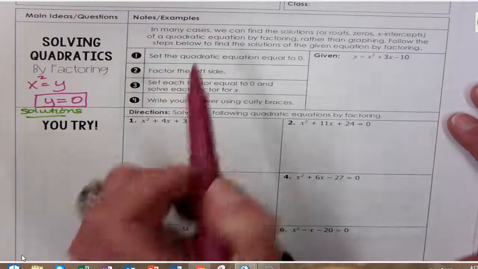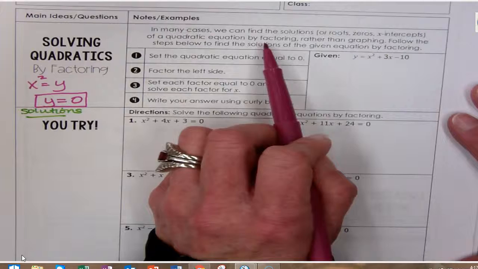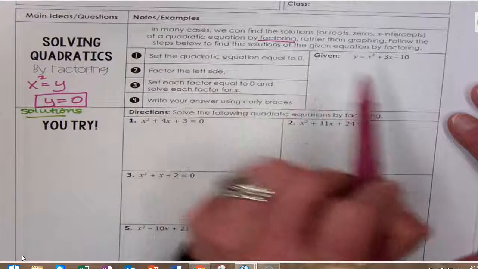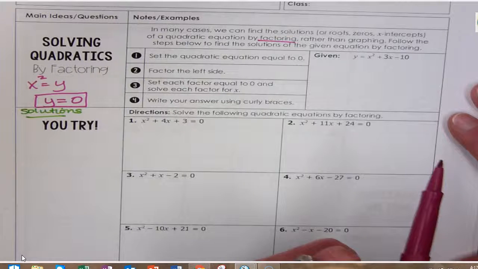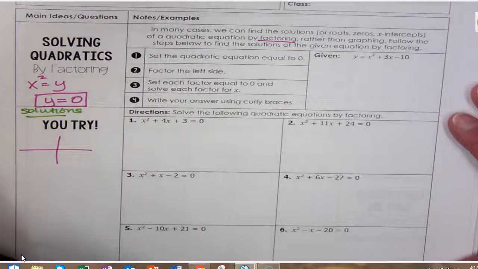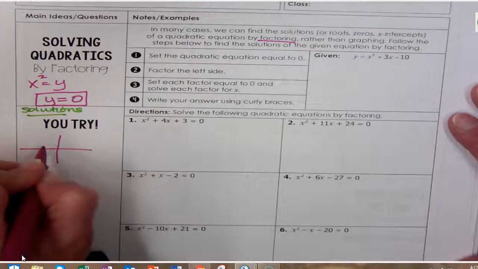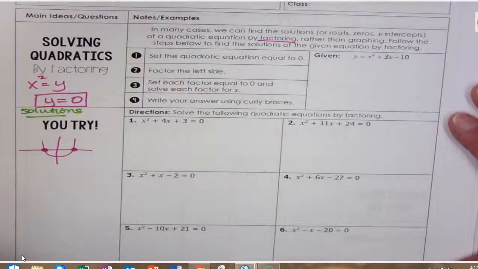So in many cases we can find the solutions of a quadratic equation by factoring rather than graphing, because up until now the only way we know how to find the solutions is looking at a graph and where those cross the x-intercept, right? Right now, the only way we know how to find the solutions is graphing it and saying, okay, there's one and there's one. Now we're going to actually factor and not have to graph.